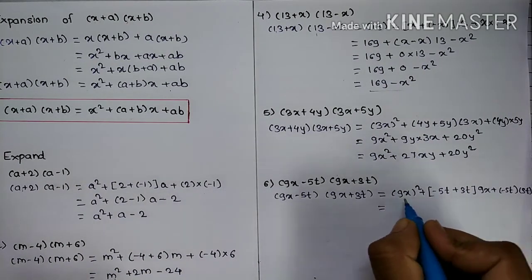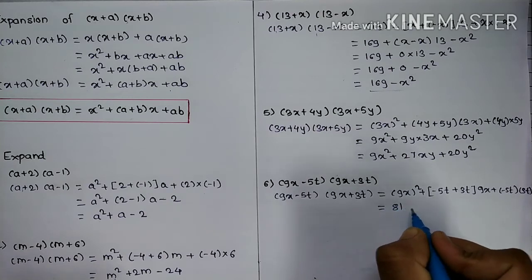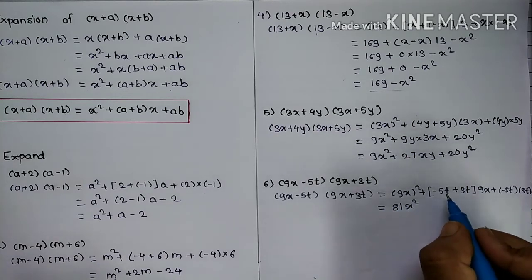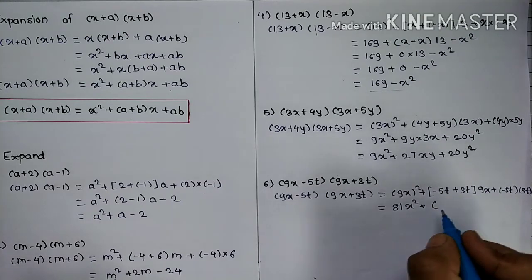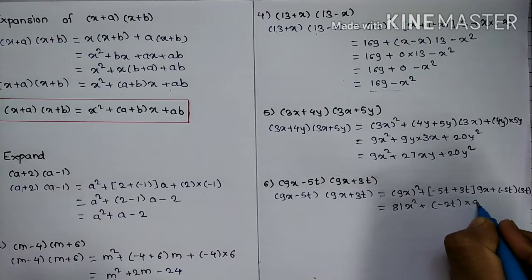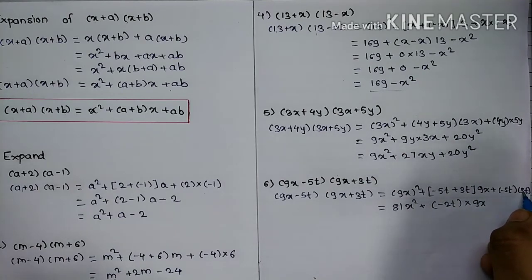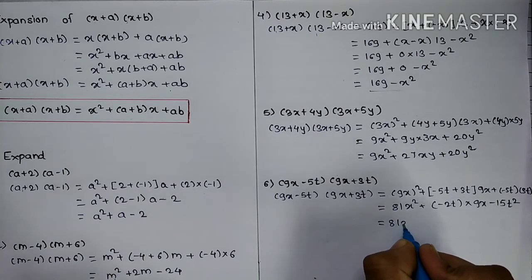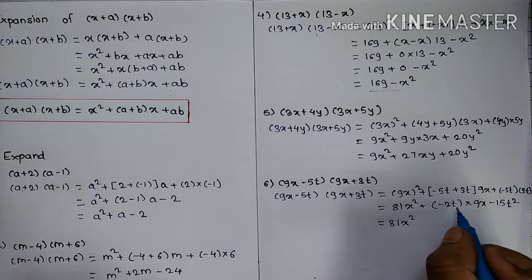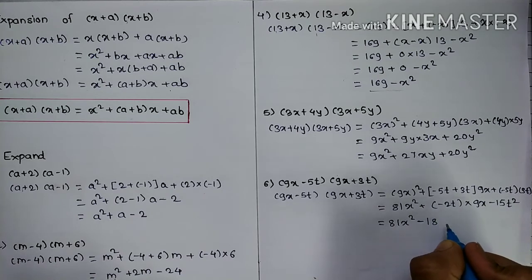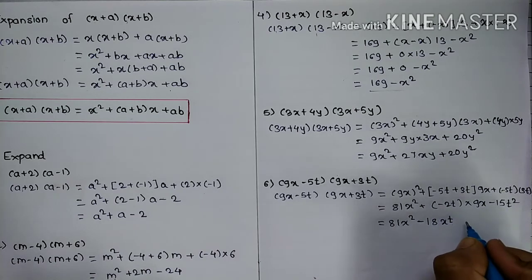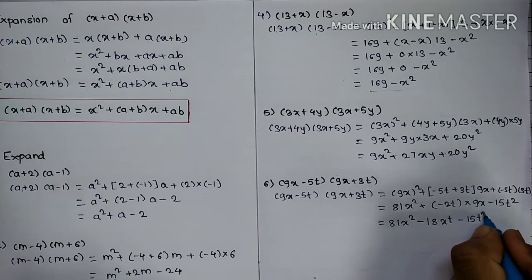It's equal to (9x) square, 9 square is 81x square, okay, plus minus 5t plus 3t, that is minus 2t into 9x, minus 5t into 3t, which is equal to minus 15t square, is equal to 81x square minus 2t into 9x, which is equal to minus 18xt minus 15t square.